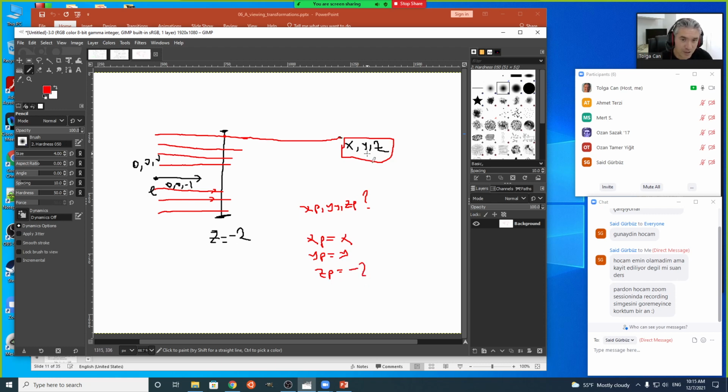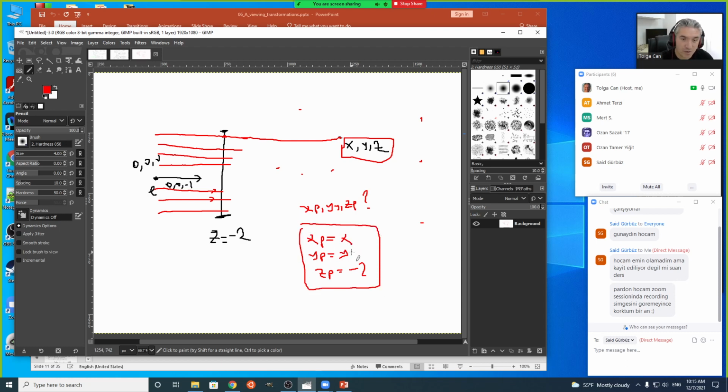The projection of any point onto the image plane is such that the image plane is parallel to the XY plane, so if your rays are orthogonal to it, the projection of any point will have the same XY coordinates on the image plane. So orthographic projection is actually very easy.